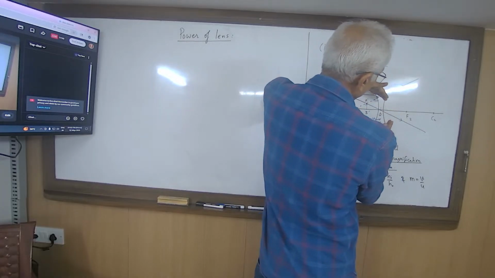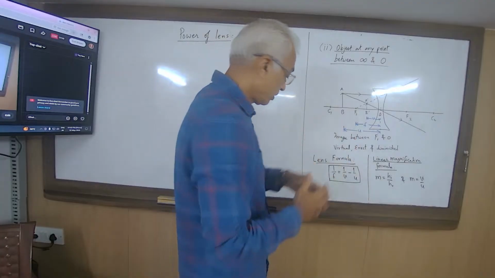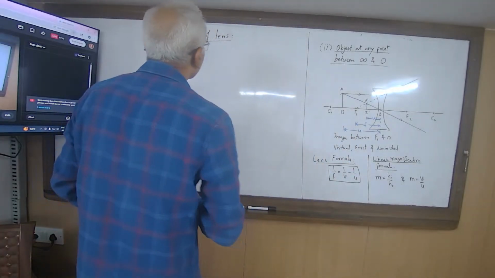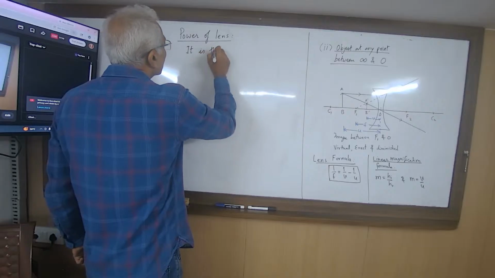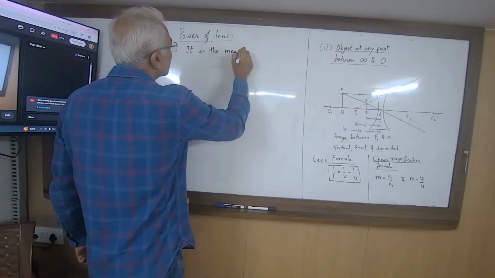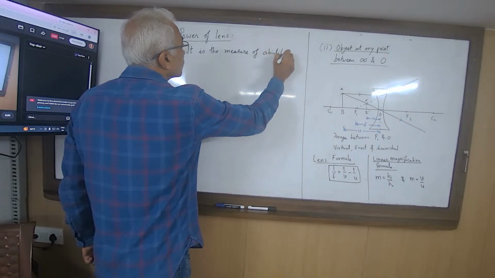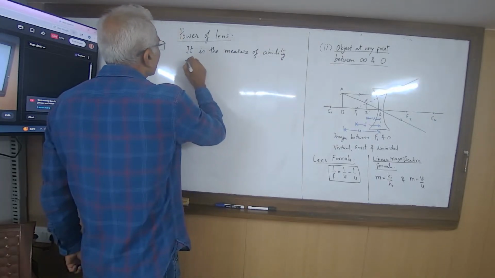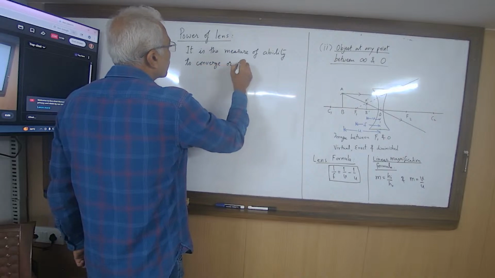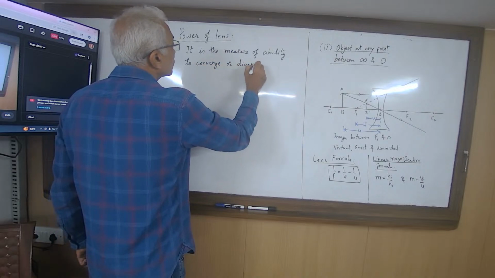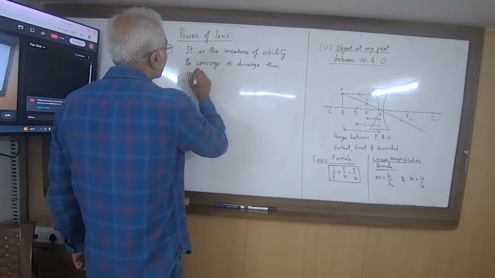The one converging at a shorter focal length is more powerful. So power of a lens is the measure of the ability to converge or diverge the incoming rays, the incident rays.